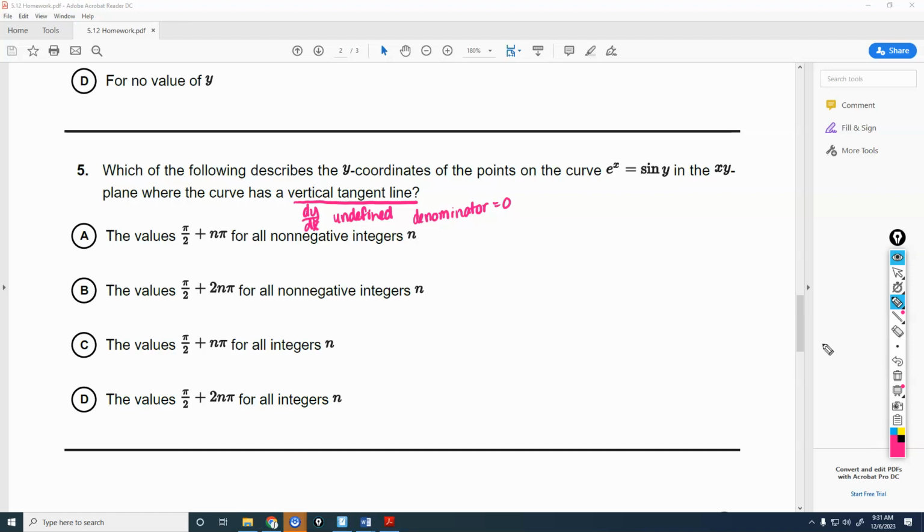Similar to 4, we're just going to run into some different things here. The derivative is not all that difficult to take. What is the derivative of e to the x? e to the x. What is the derivative of sine? Cosine. But because that is a y, I need dy/dx to go with it. I'm going to divide both sides by cosine y, and so dy/dx equals e to the x over cosine of y.